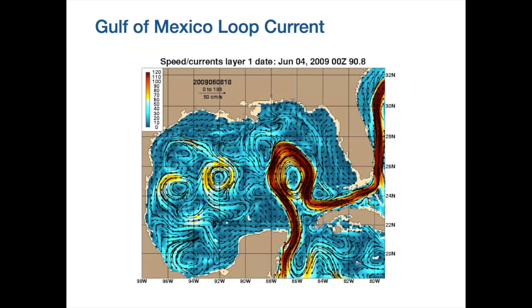This is an animation from that same numerical simulation. You'll see a meander in the main current, and then it heads off to be the Gulf Stream. As the animation plays, you'll see this meander pinch off and start to propagate to the west.